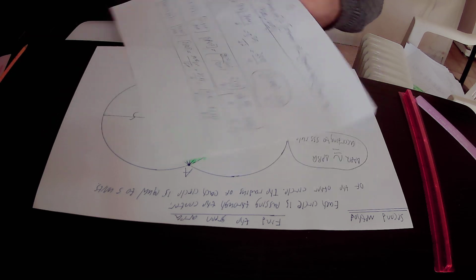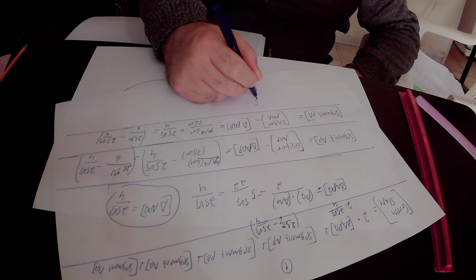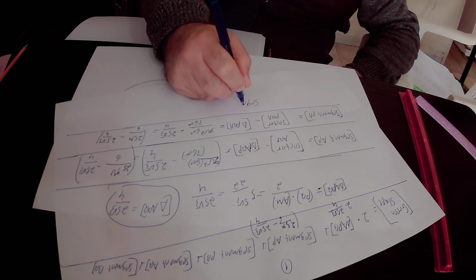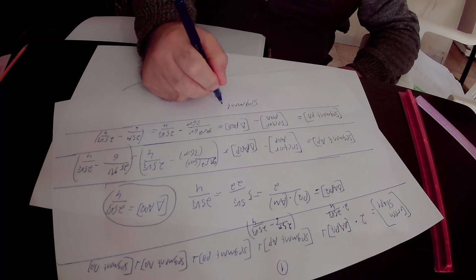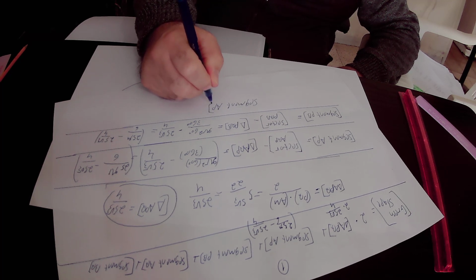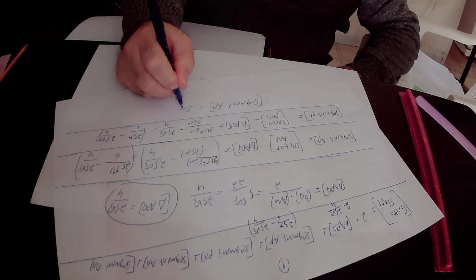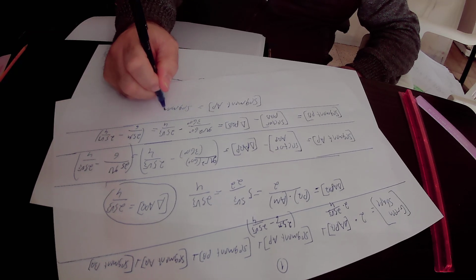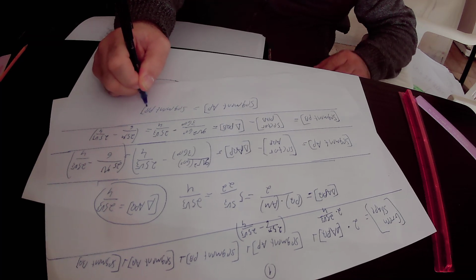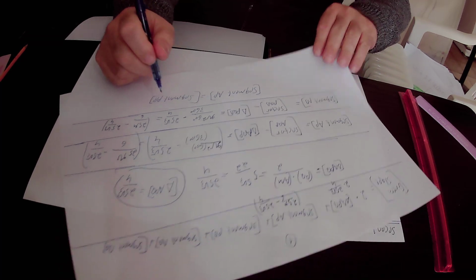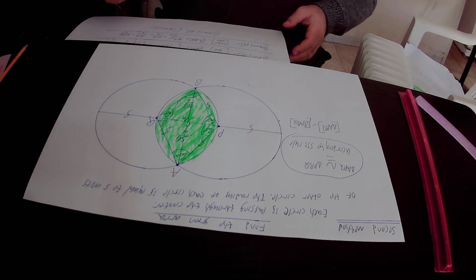So we conclude that the area of segment AP equals the area of segment PB.